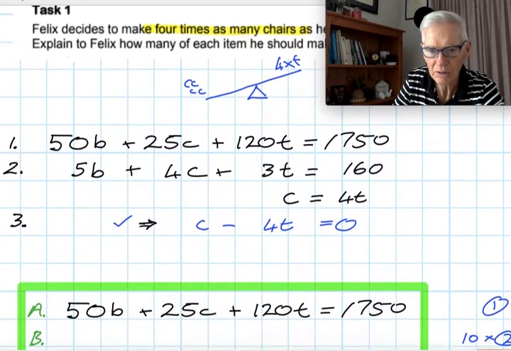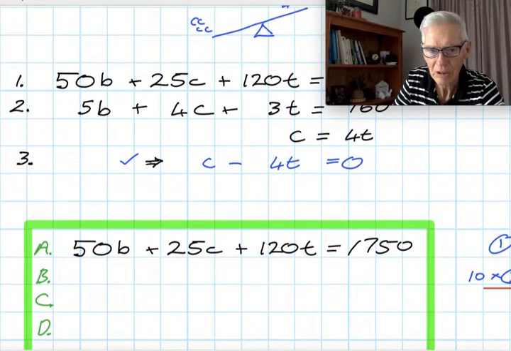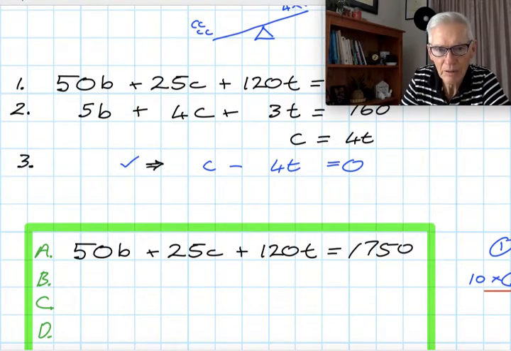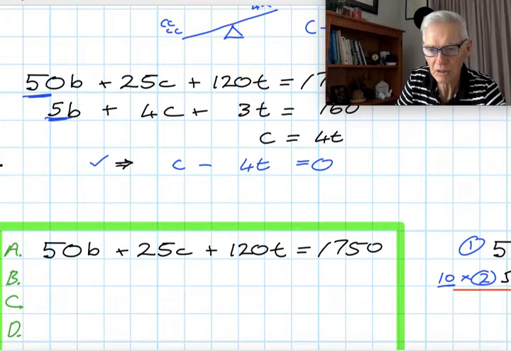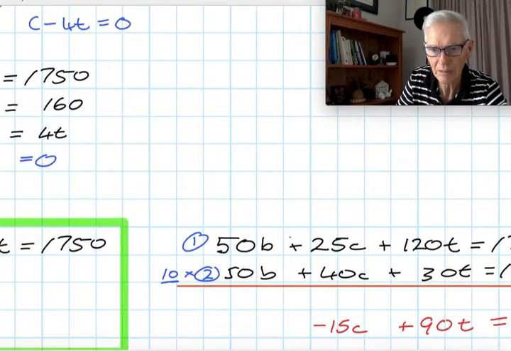Now put these in your fixed box. So you draw a box and we put equations 1 and 2. Equation A in there. That's A. To get equation B, we've got to take this one here, 5b, and we've got to make it equal to 50. So I'm going to do 10 times equation 2. So I've done it to the side here. I'm going to take equation 2, I'm going to make this 50, 40, 30, 1,600.